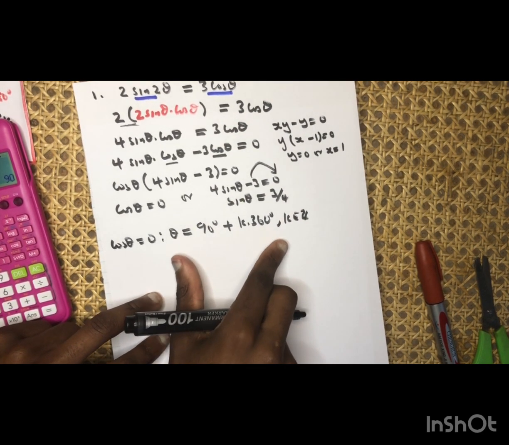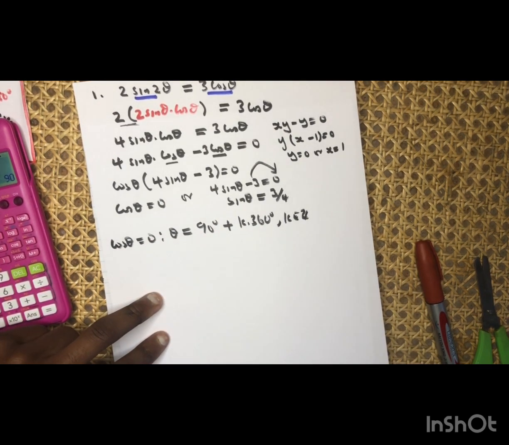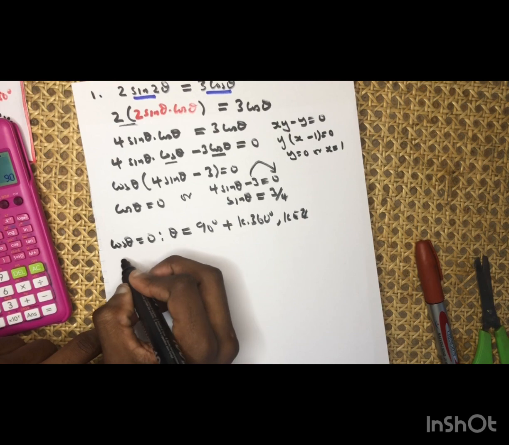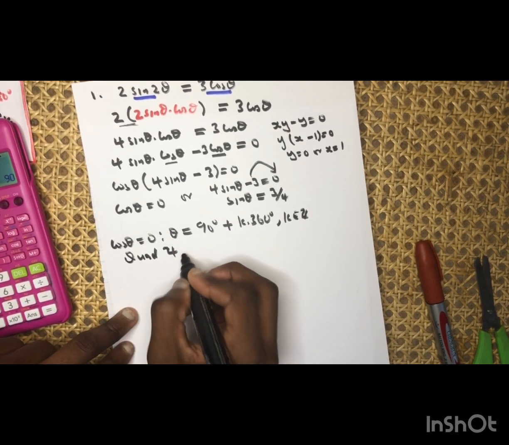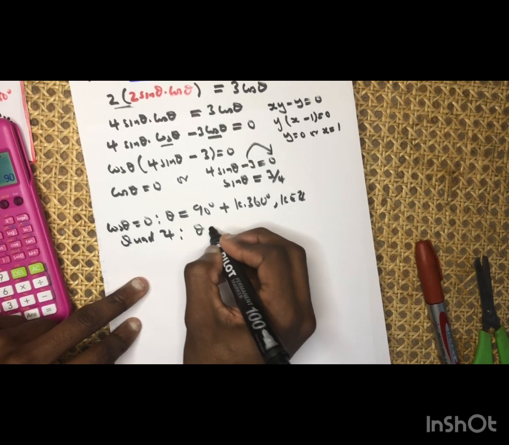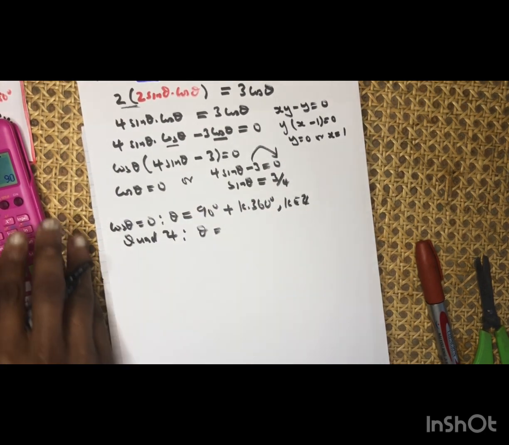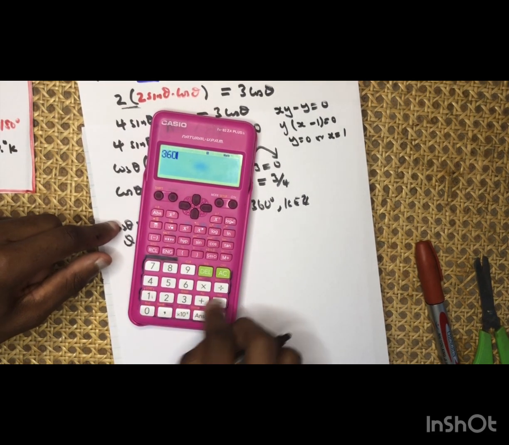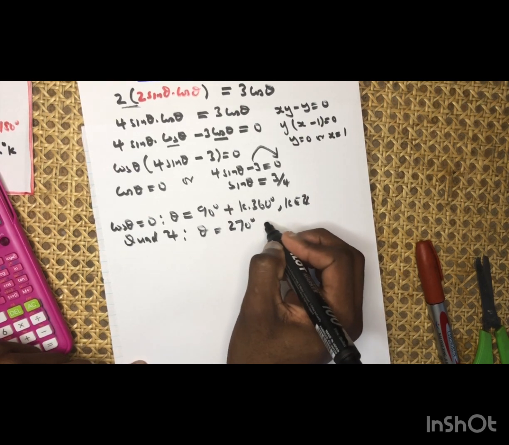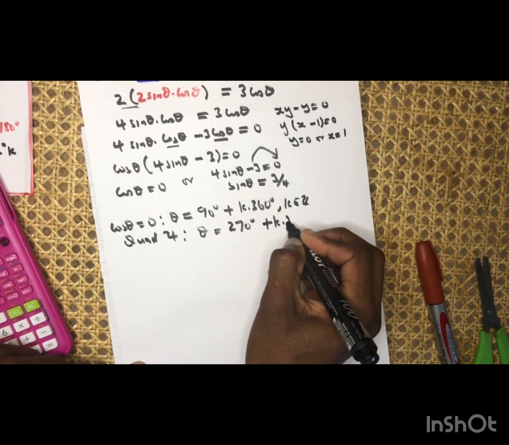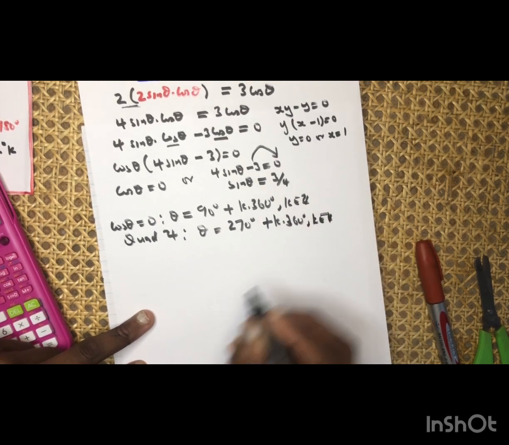Then you need to ask yourself, where do we find cos positive? We find cos positive in which quadrant? Quadrant 4. So in quadrant 4, theta is equal to 360 minus this reference angle, which is 90. So 360 minus 90, what do we have? It is 270. So we have 270 degrees plus k times 360 degrees, where k is an element of integers.